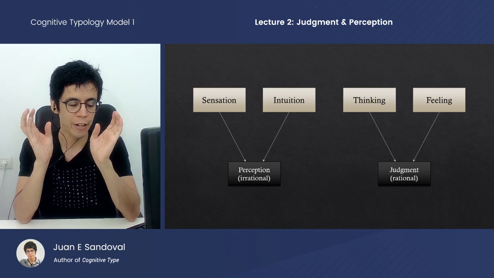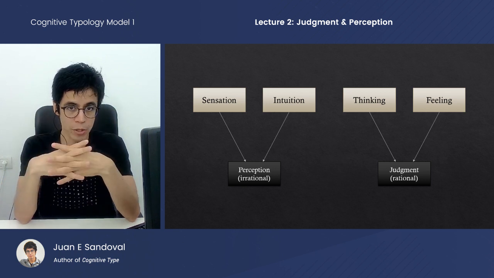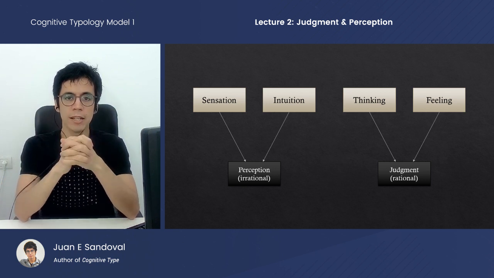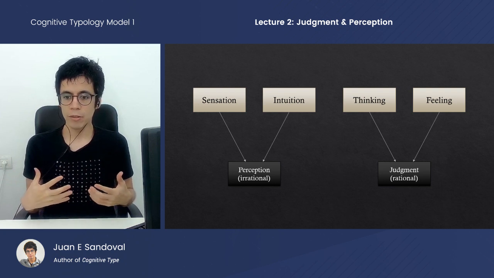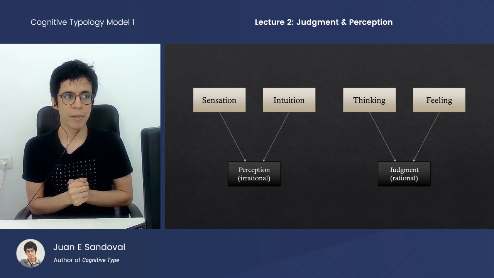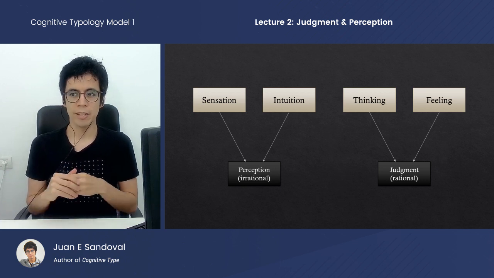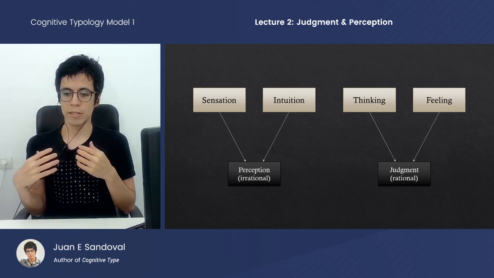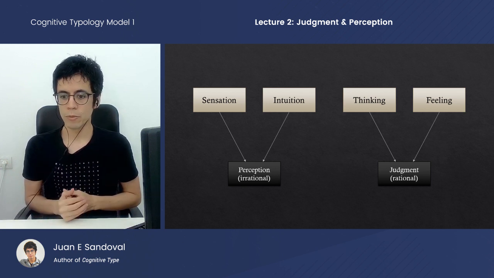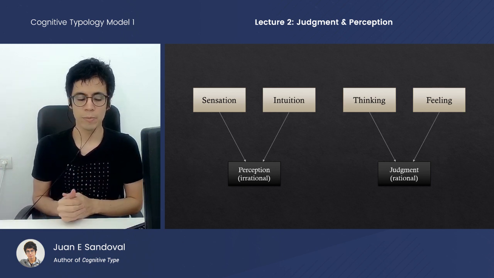Sensation and intuition are both perceptual processes, and they're irrational because they document what happens, never mind if it makes sense to us, never mind if it's rational to us, never mind if it's intellectually sound as an argument, or if it conforms to our values or doesn't conform to our values.